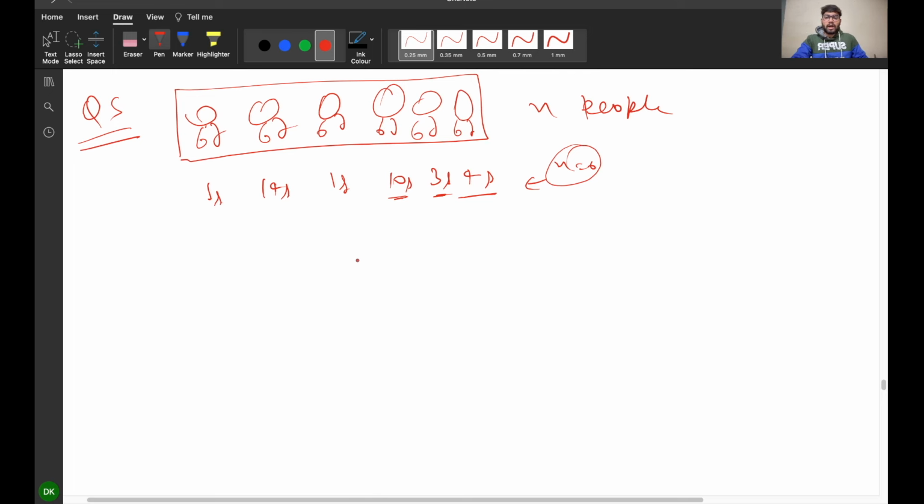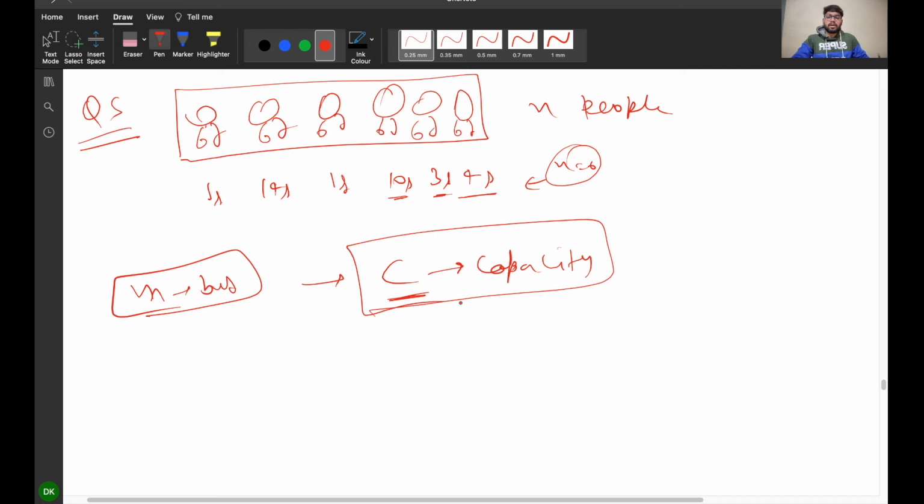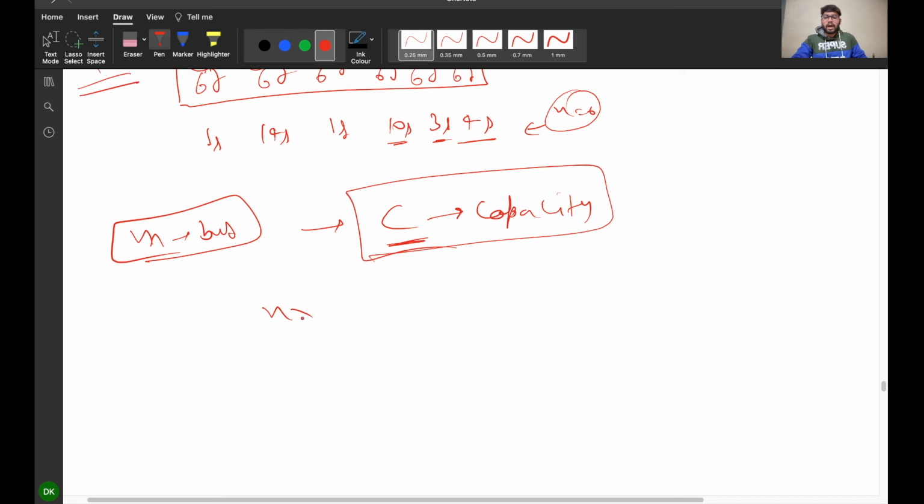Also I am given m buses, and for each bus there is an overall capacity C. I am given C as the capacity, and it is guaranteed that m into C is always going to be greater than or equal to n.